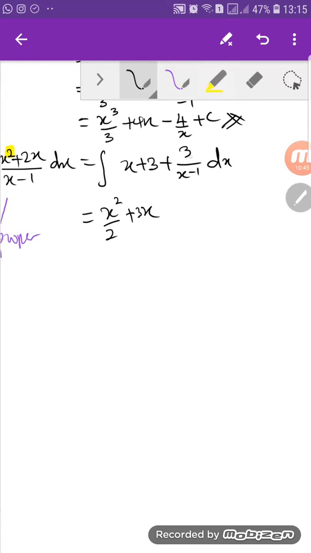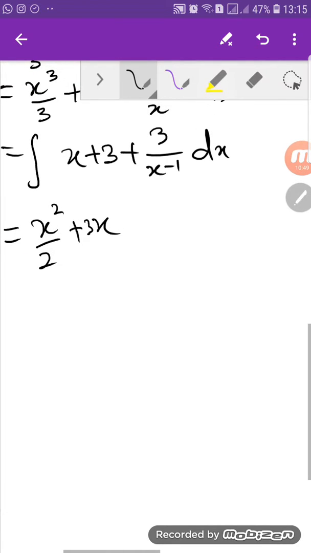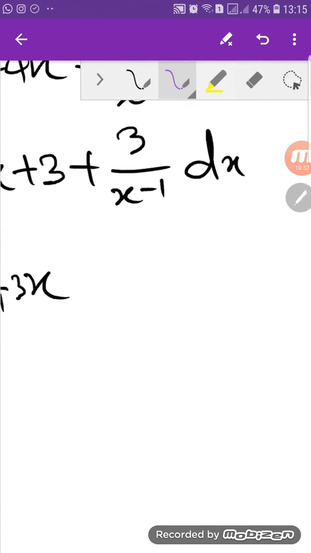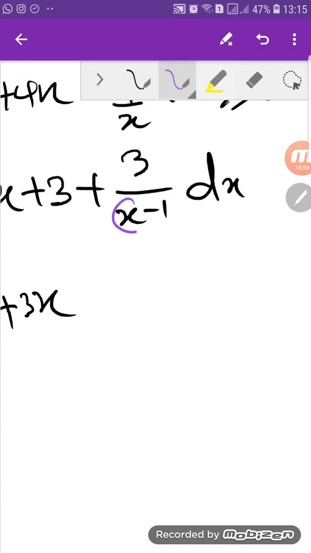So as you can see here, 3 over x minus 1. Maybe we can zoom in a little bit. Now the power of x is 1 over here, and if we put the whole bracket here, we notice that the power is also 1.